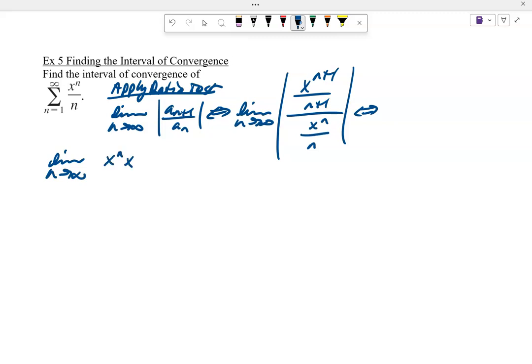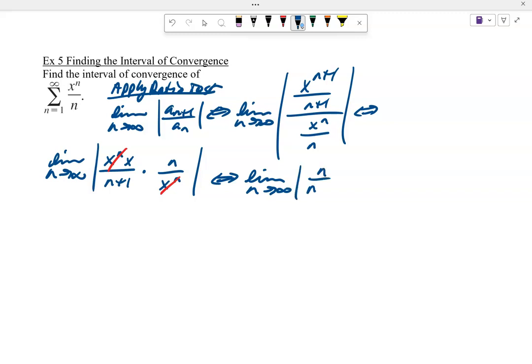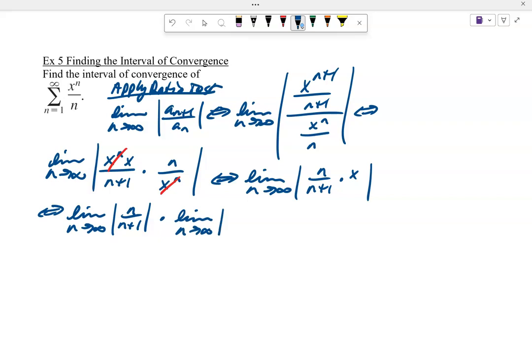Yeah, x to the n, x over n plus 1 times n over x to the n. Notice our x to the n's cancel. So we've got the limit as n goes to infinity. I'm going to write this as n over n plus 1 times the absolute value of x. So we've got the limit as n goes to infinity of n over n plus 1 times the limit as n goes to infinity of the absolute value of x.